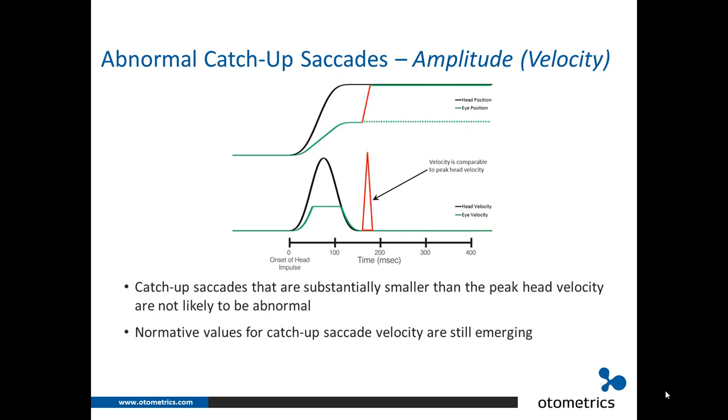A few studies have attempted to establish the normal limits for the velocity of catch-up saccades, but unfortunately, they did not compare to the head velocity in establishing these limits. So again, this remains a judgment call. It seems that a good benchmark would be if the catch-up saccade velocity is less than half of the peak head velocity, it is probably not significant.